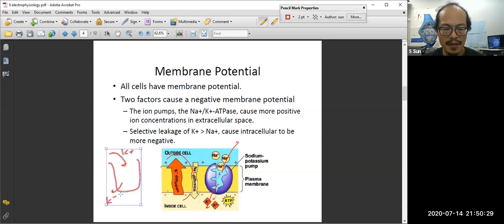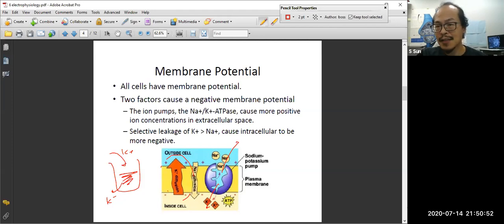And so that will make the inside of the cell have a certain level of potassium, and the pump keeps pumping, but there's leakage, so it's not overflow. Two factors cause negative membrane potential: sodium potassium ATPase, and leakage of potassium more than sodium, but essentially that's potassium effects.